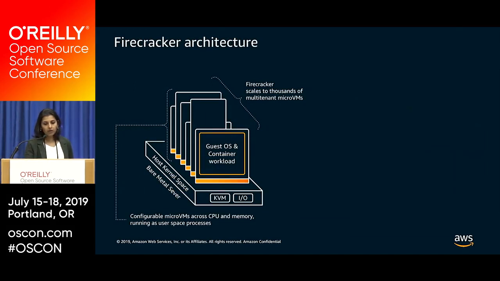Firecracker runs in the user space, and it uses the Linux kernel-based virtual machine to create microVMs. Its fast startup time and low memory overhead allow each microVM to be packed really well in a single hardware. We've been successfully able to pack thousands of microVMs in a single hardware or server.